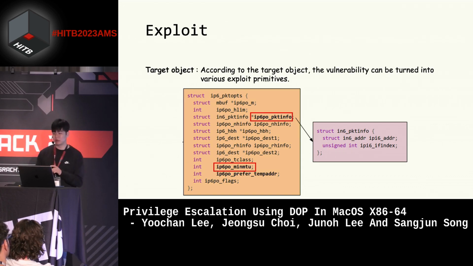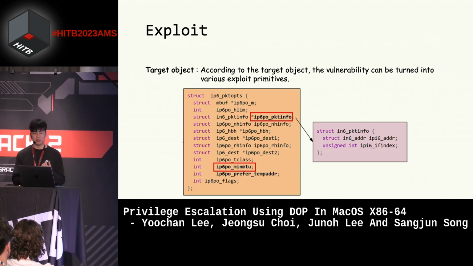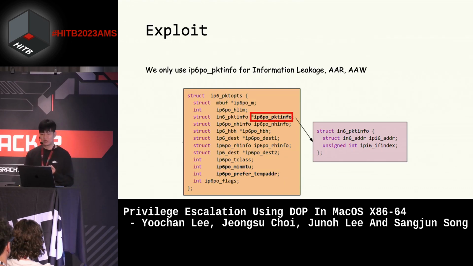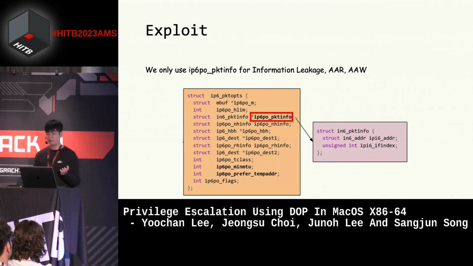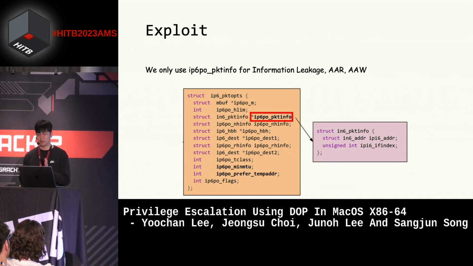When I found this object, I was very surprised because one single object has all 3 primitives needed for DOP. But since we only have an overflow primitive, we use packet info for the 3 primitives: information leakage and arbitrary address read and write.